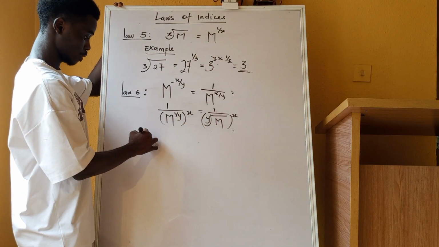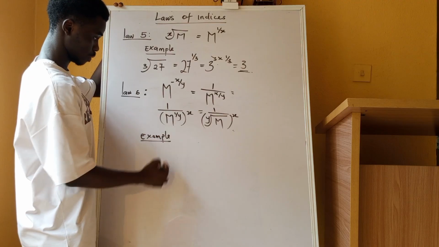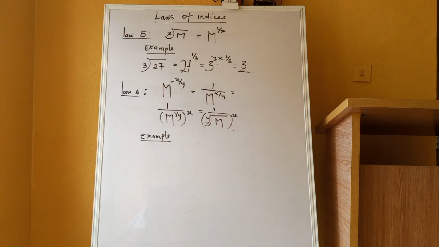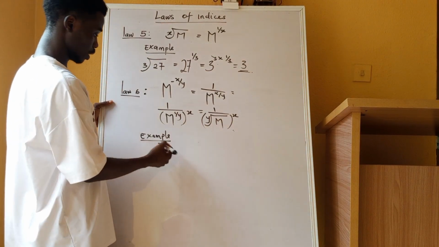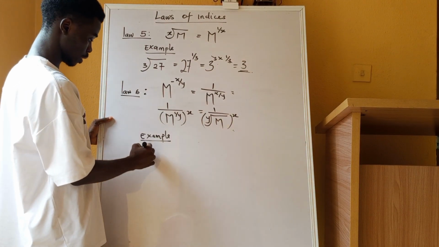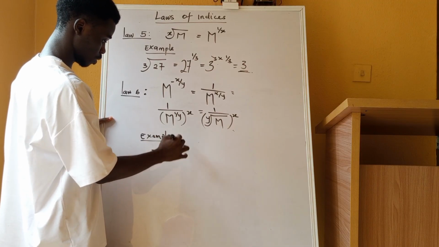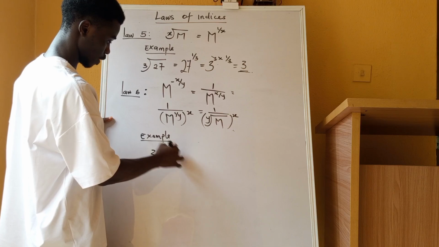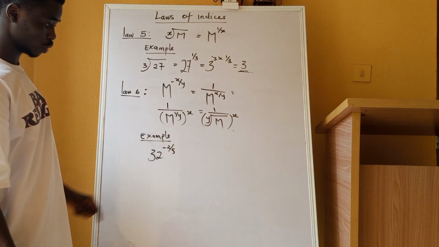Now let's see an example so that we can clarify this. Let's say we have 32 to the power of negative 2 over 5.